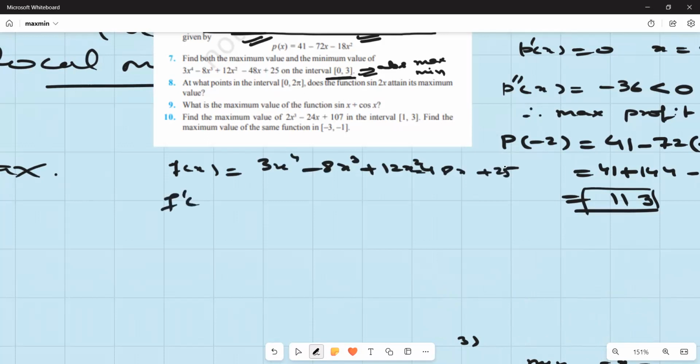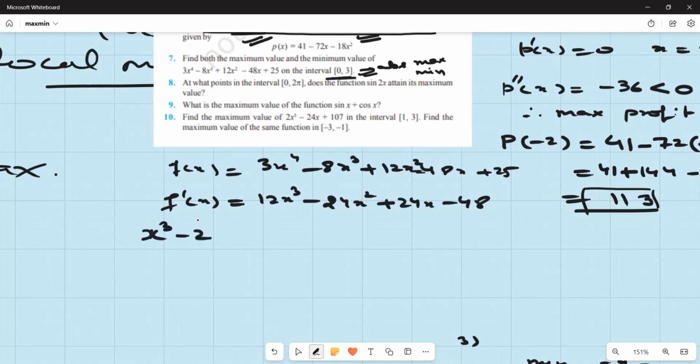The derivative is 12x cube minus 24x square plus 24x minus 48. If I put this equal to 0 and take 12 common, I get x cube minus 2x square plus 2x minus 4 is equal to 0.